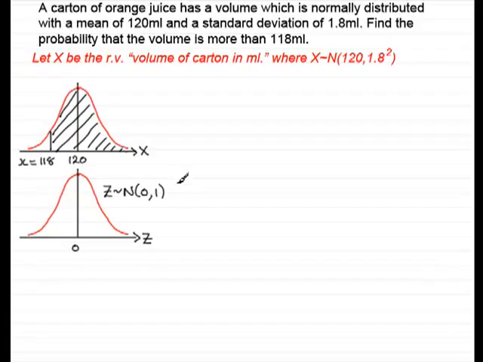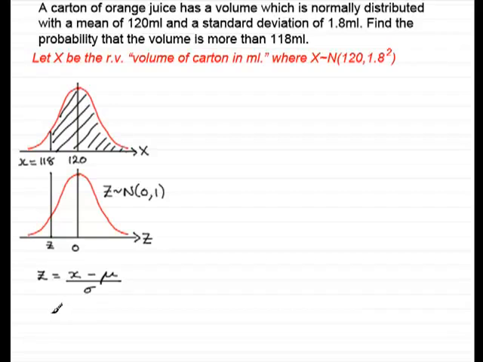I need to now find out how many standard deviations 118 is below the mean, and to do that I project it straight down onto the standardized graph and label this z. That number of standard deviations is given by the formula which you should already know: z equals the observed value minus the mean mu, all over the standard deviation sigma.